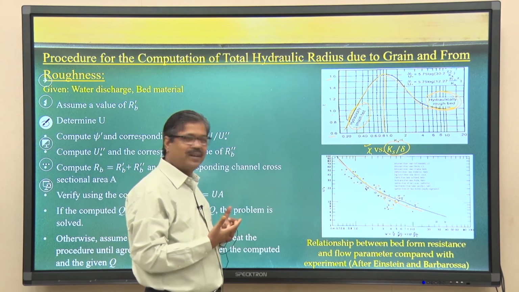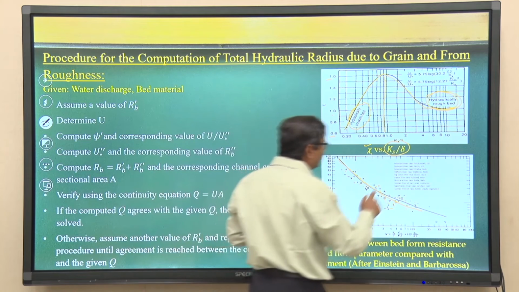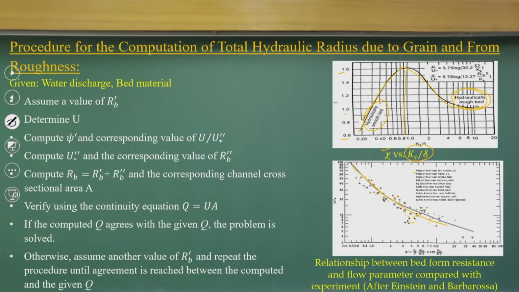That is the river characteristics. These are the Missouri River and different rivers, mostly from the United States, and if you plot those river data and try to establish these equations, that is what is there.